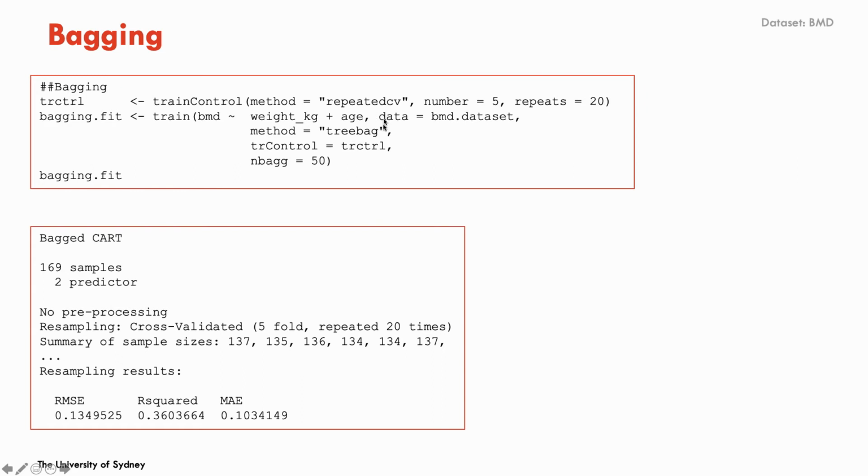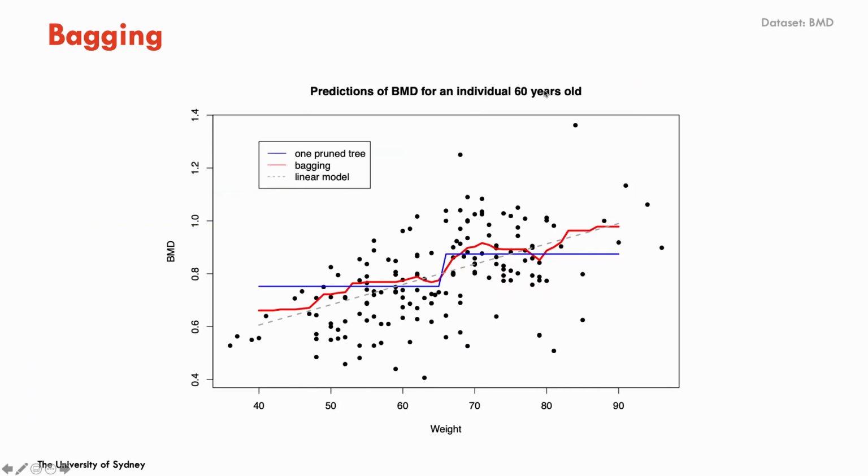So I'm going to fit 50 trees, and once those are fitted, I'm going to make predictions by fixing age. I have to give a value for age and for weight. So I'm fixing the age to be 60, and making predictions for different weights from 40 to 90.